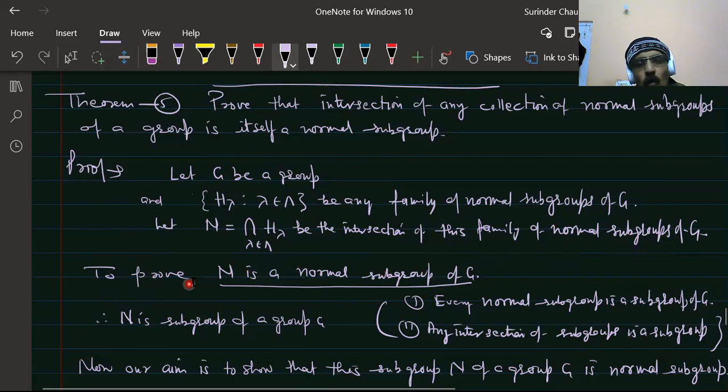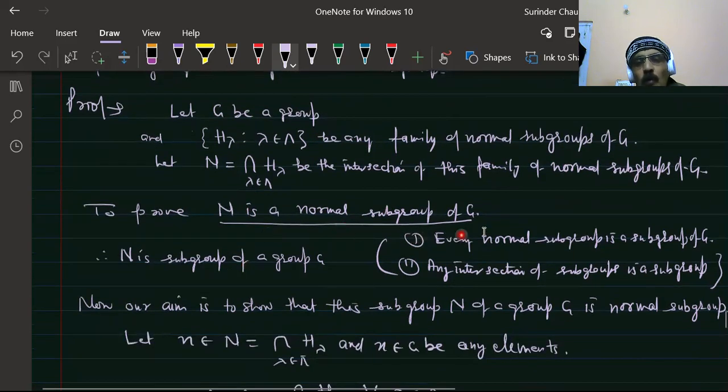Now what are we going to prove? We are going to prove N is a normal subgroup. Again, you have to show it is normal. So first we have to show it is a subgroup, it is non-empty, and then we have to show it is normal. Therefore, N is a subgroup of the group G. Why?